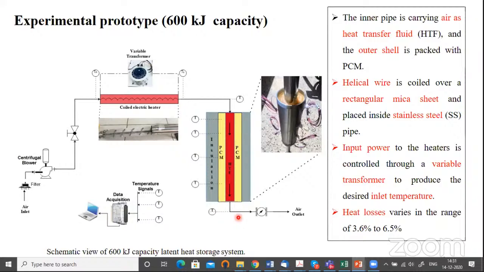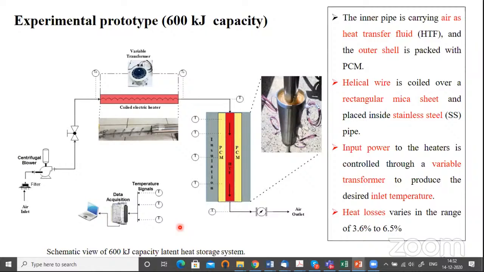Basically, hot air is being pumped, and this hot air is generated with the help of a coiled electrical heater, providing hot air at a certain elevated temperature, which can be utilized to melt the PCM in the annulus region of this experimental prototype. The total energy capacity of this latent heat energy storage system, which we prepared, was 600 kilojoule.